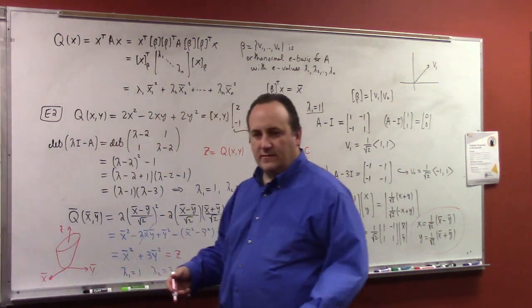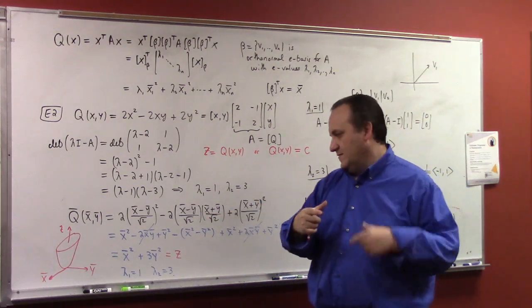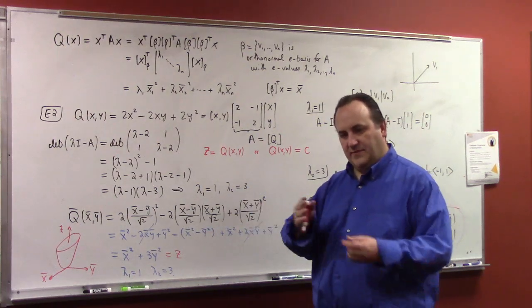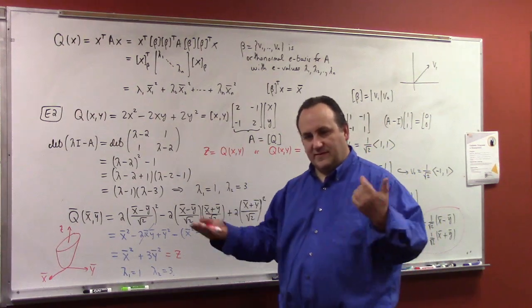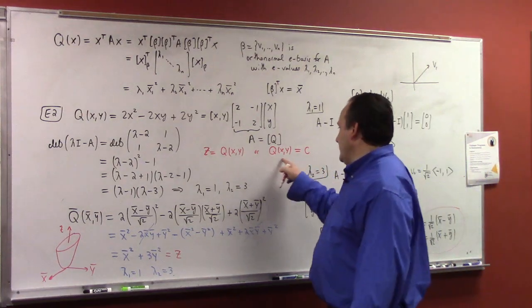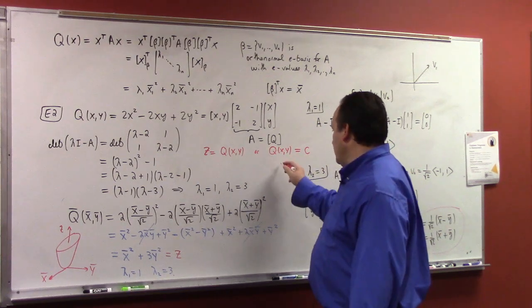Its cross section for a fixed z is an ellipse, and so you just have a stack of ellipses that have a parabolic profile. It's an elliptical paraboloid. On the other hand, if I look at q equal to c, well, what is this?